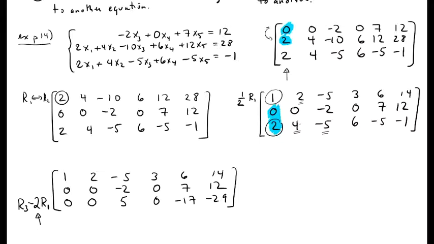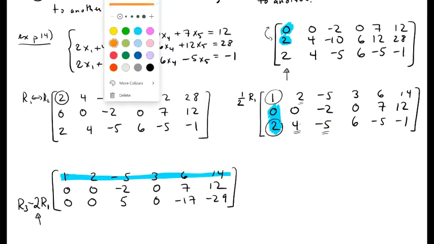Okay. Once we have introduced a leading 1 up there and zeros below it, what we do is cover that row. We'll omit it for now. And we're going to reapply everything we've done so far with the remaining rows.